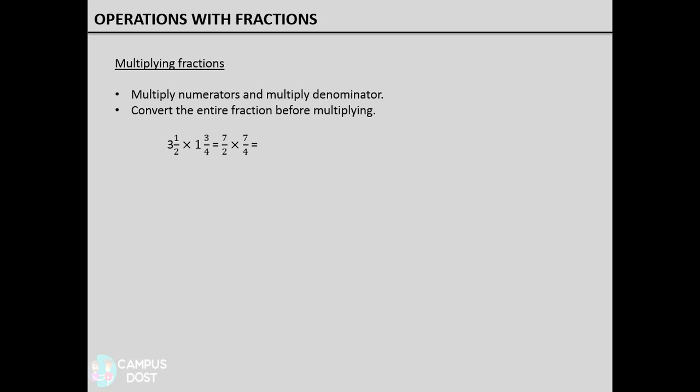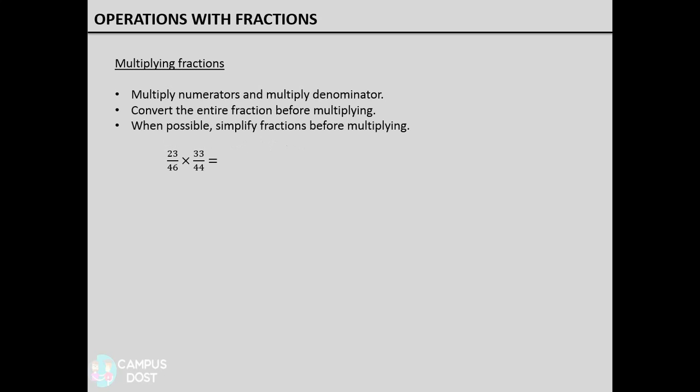At this point, we can multiply the numerators 7 and 7 to get 49 and we can multiply the denominators 2 and 4 to get 8. So 3 and 1/2 times 1 and 3/4 is equal to 49/8. If we wish, we can convert 49/8 into the mixed number 6 and 1/8.